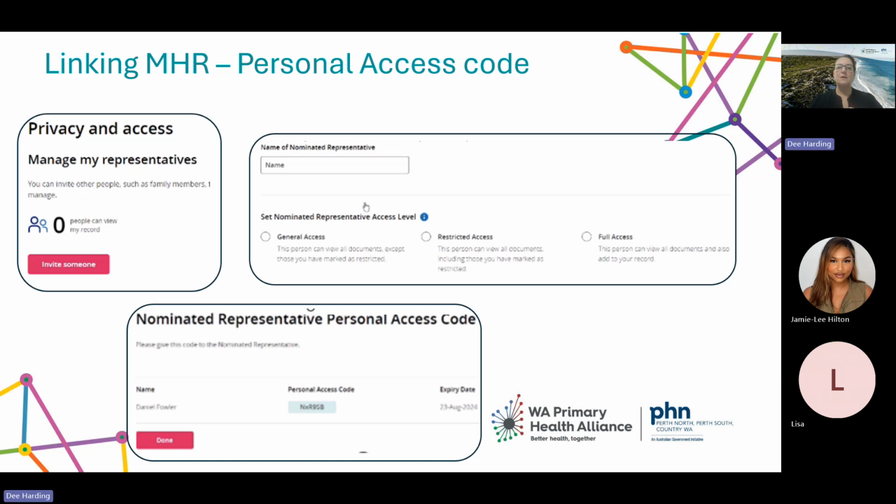And then it's going to ask you to invite someone in the red or the pink button there. Once you click on that, it's going to ask you to please enter in the person's name, so the family or friend's details that you want to provide access to.